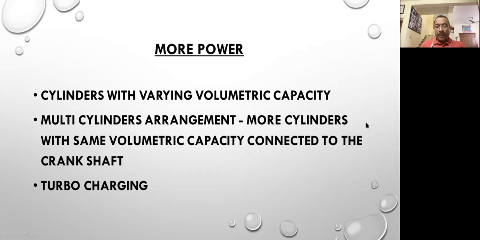So what we do is we have, let us say, a four-cylindered engine. A four-cylindered engine has 4 power strokes in a cycle. We will distribute these power strokes in such a way that one cylinder will make its power stroke during the very first stroke.